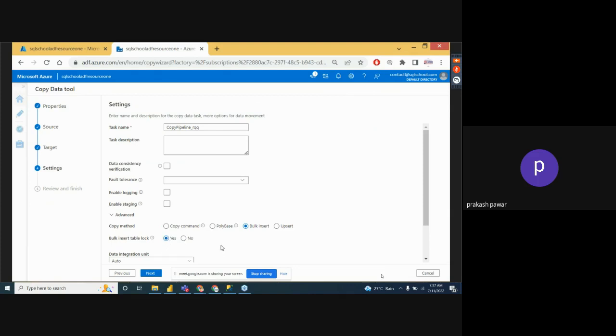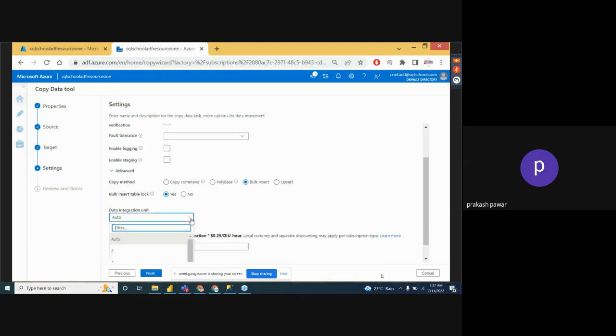And earlier we understood DTU, DW. Here it is DIU. Select, for example, DIU 8. With this information, what's our requirement now?